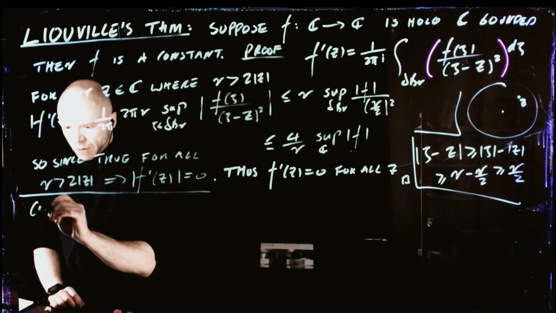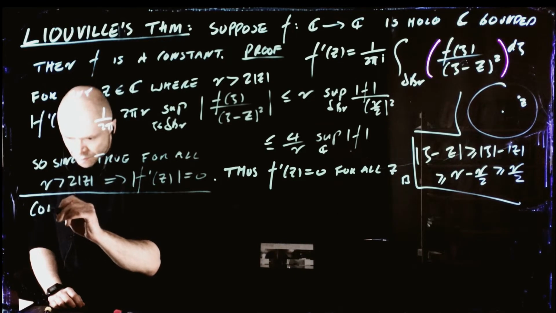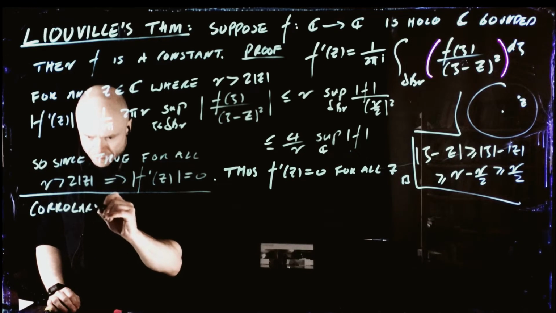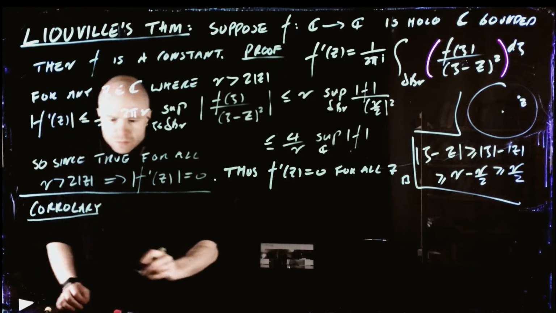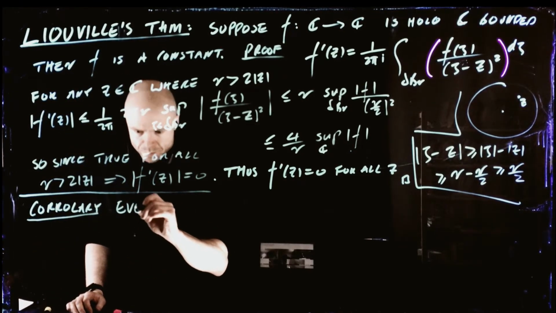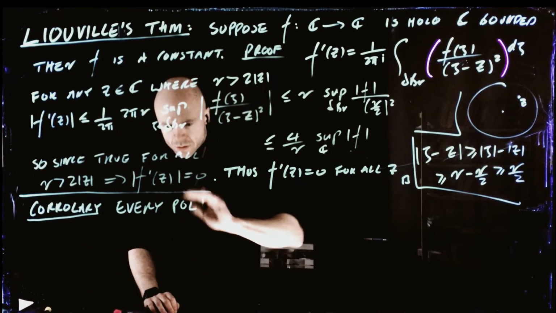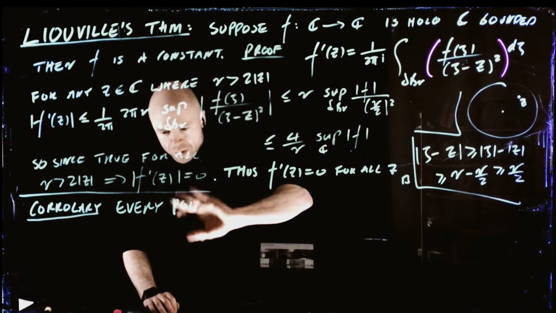So, corollary. I have difficulty spelling this word. Corollary. Every polynomial. I'm going to write the words complex polynomial.